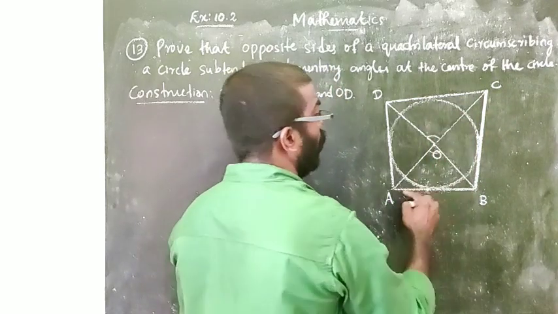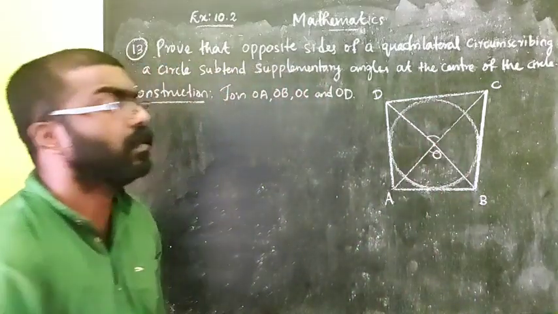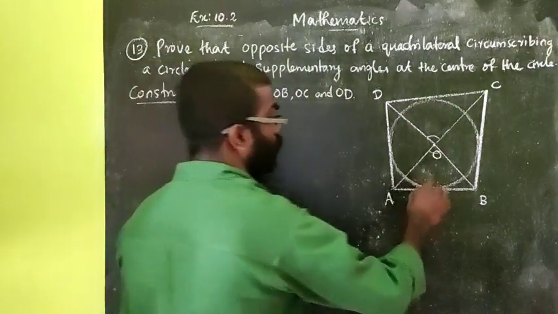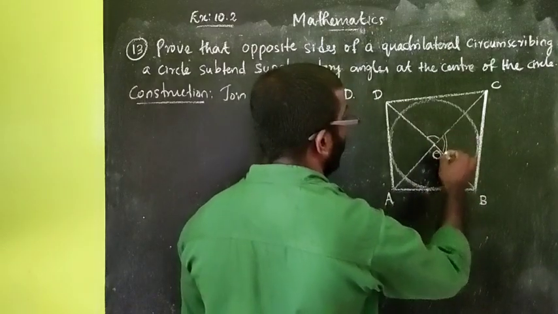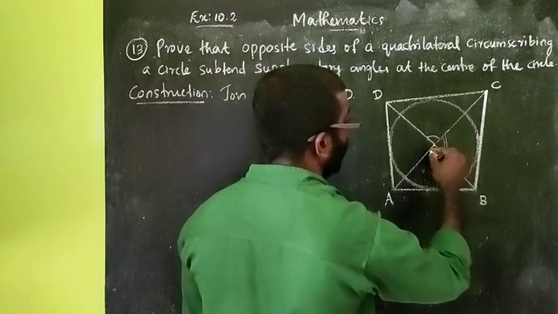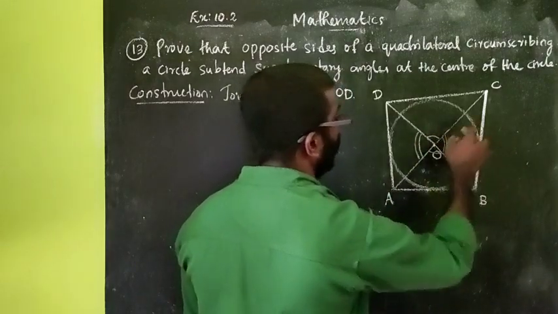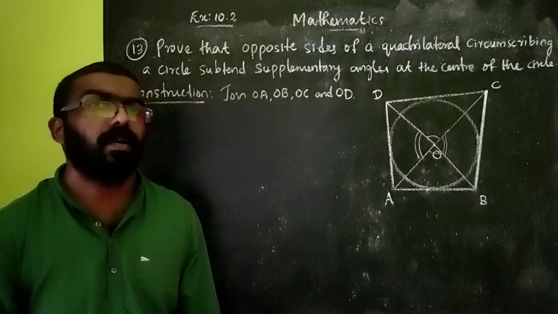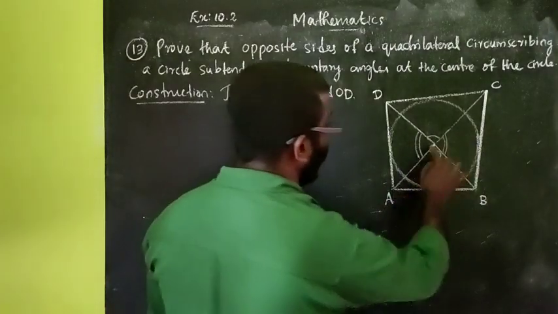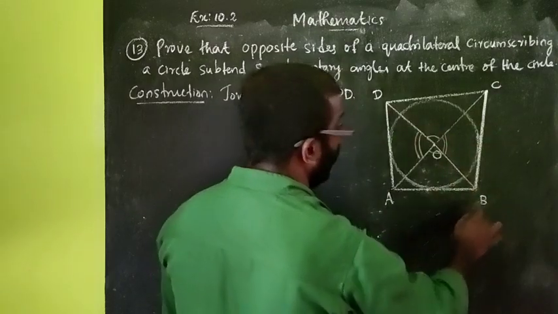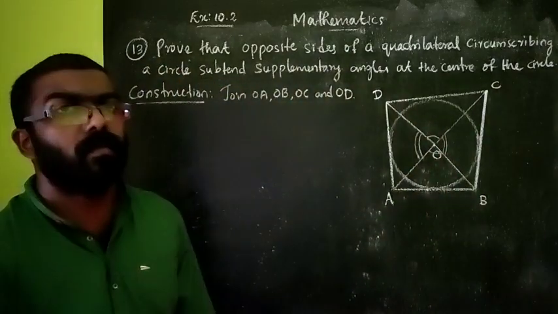Okay, these opposite sides subtend supplementary angles. So AOB plus COD equals 180. Similarly, BOC plus AOD, the sum of the two angles is also equal to 180 degrees. Once again, AOB plus COD is 180, BOC plus AOD is 180. That is what we want to prove.